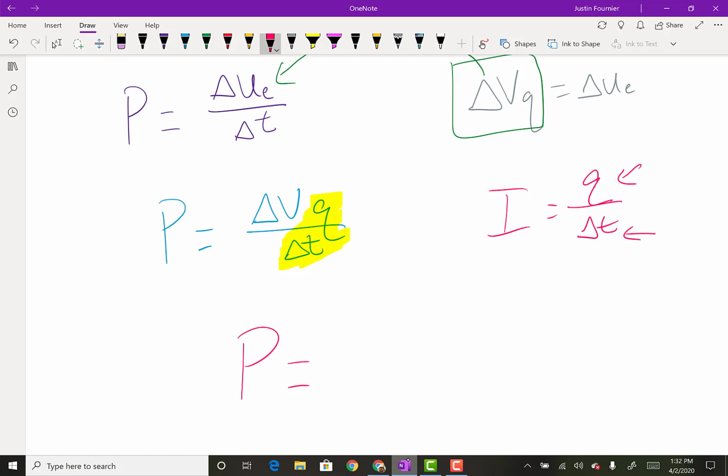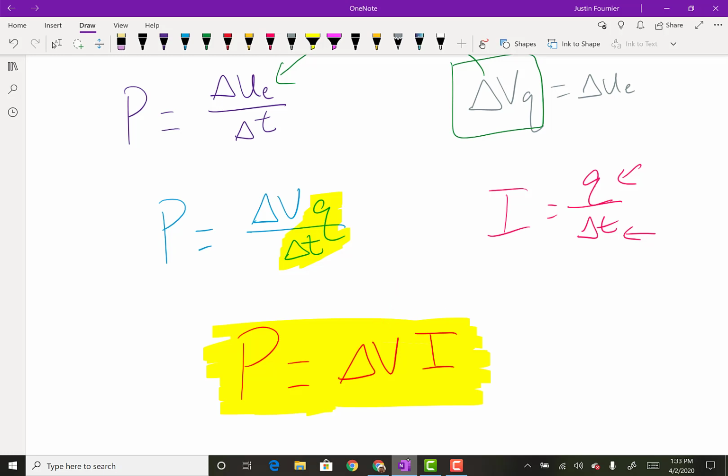Well, then that means that power must be equal to the voltage multiplied by the current. And that is how you can calculate power in a circuit. You take the change in electric potential, multiply it by the current going through that potential difference, and there you go.